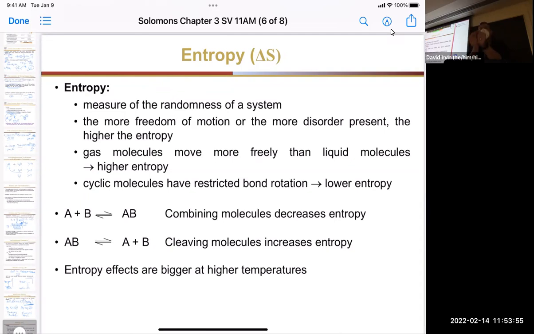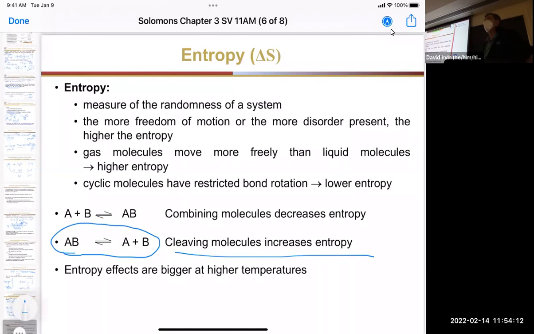Going from one molecule and breaking it into two is more disorder. So a positive change in entropy is going from one thing to more. In the previous reaction, we had A plus B going to C plus D. Is there a change in entropy in that reaction?